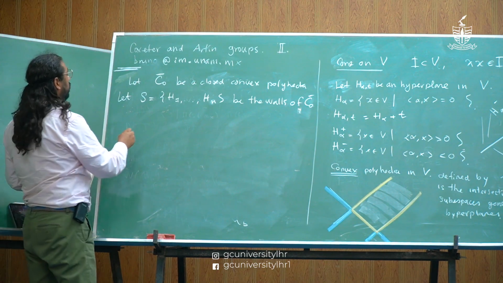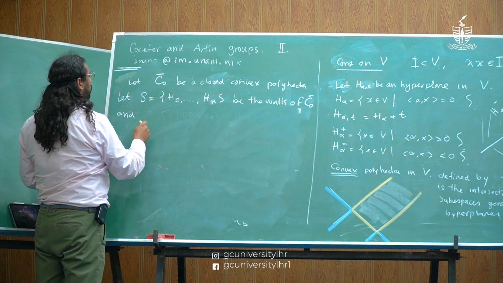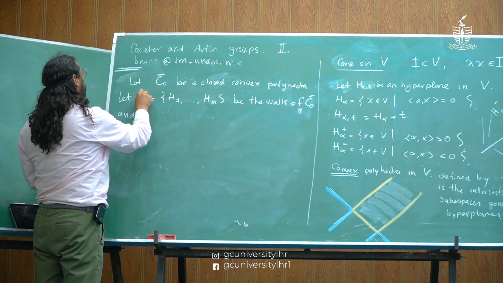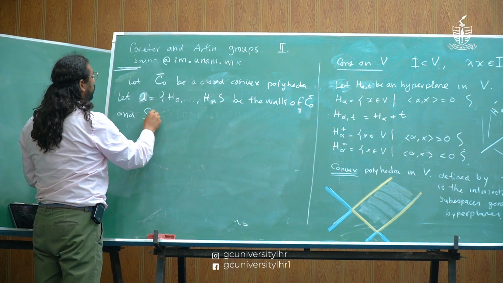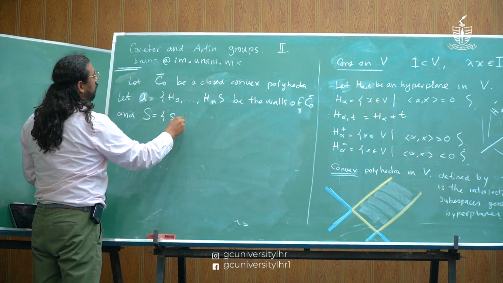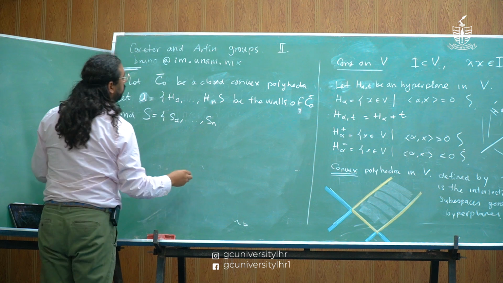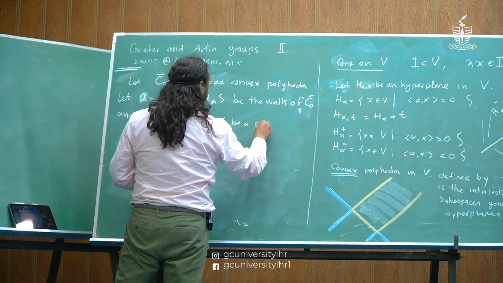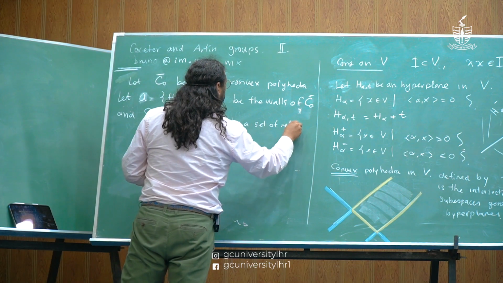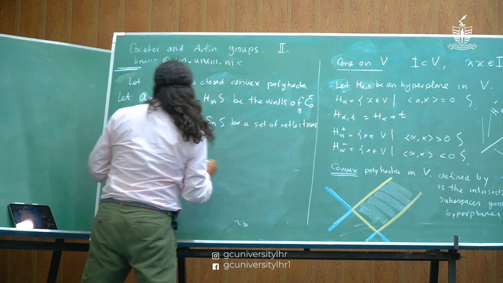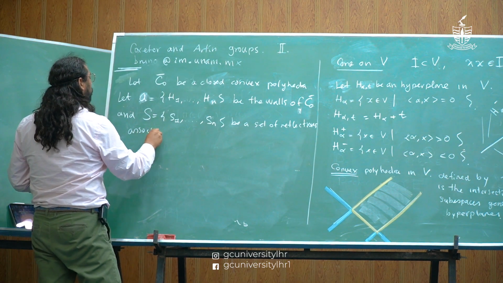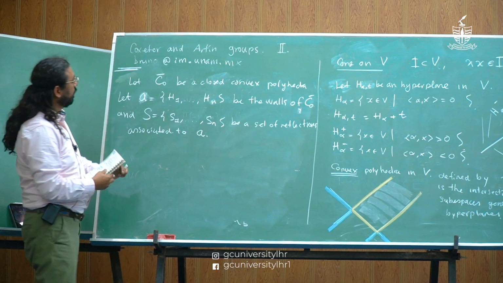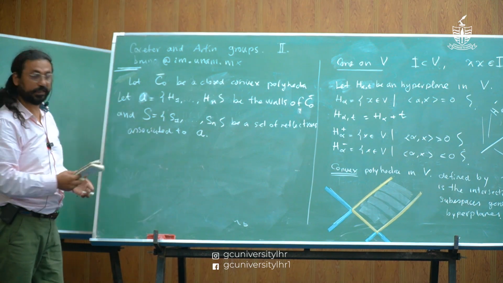And then I will put it like A, like this, and I will put S1, ..., Sn be a set of reflections associated to A, no? This meaning that S1 is the reflection along H1, etc., right?